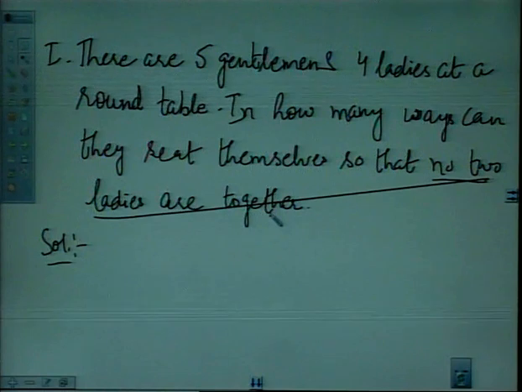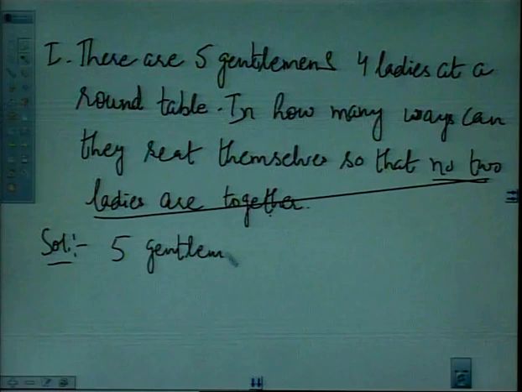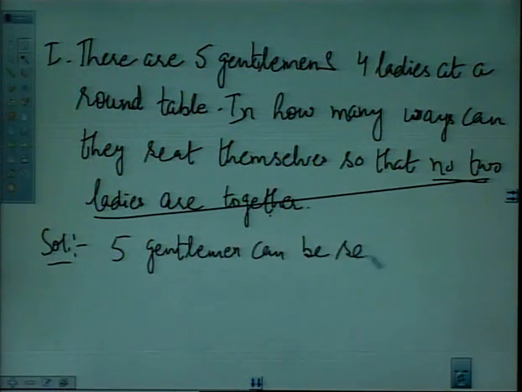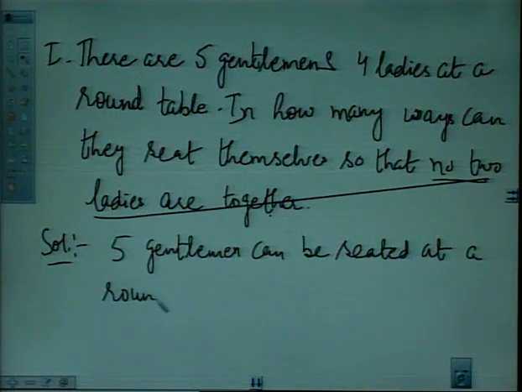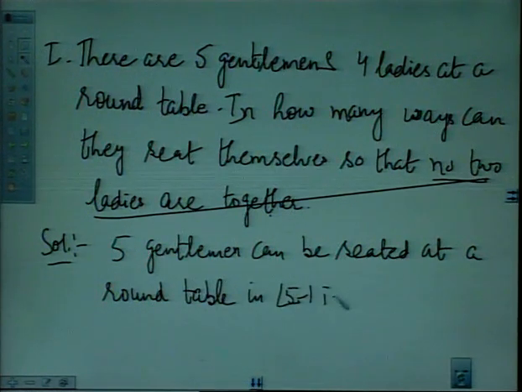Now, we know 5 gentlemen can be seated at a round table in 5 minus 1 factorial, that is 4 factorial ways, because we can distinguish whether we are making them sit in the clockwise direction or in the anti-clockwise direction.